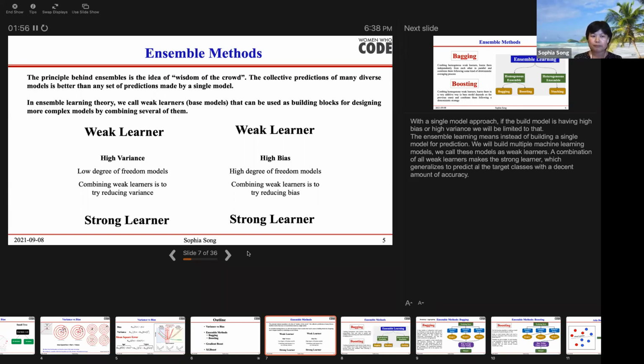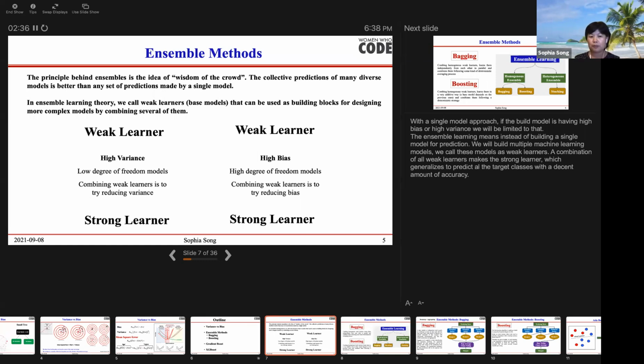In ensemble learning, we call the weak learner the base model, which can be used as a building block to design more complex models. Here the weak learner suffers from high variance, because with high variance your model is very complicated. It captures not only the general pattern of your data but also some noise information.